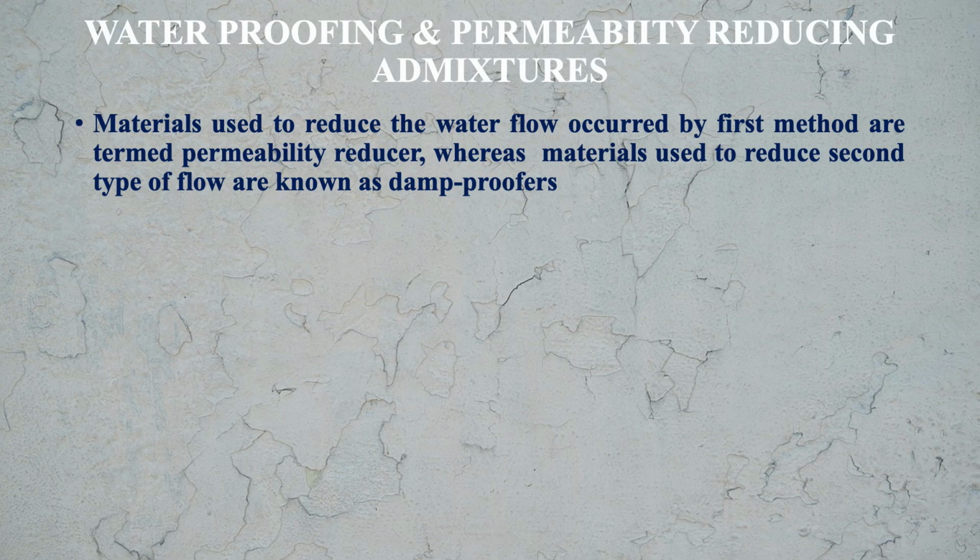Materials used to reduce water flow occurring by the first method are termed permeability reducers, whereas materials used to reduce the second type of flow are known as damp proofers. So this is the difference between the permeability reducer and the damp proofers.